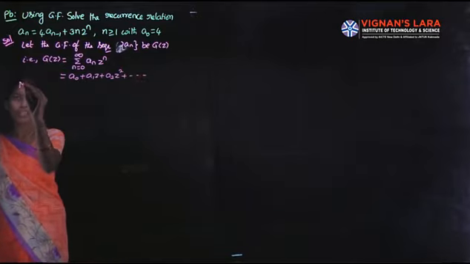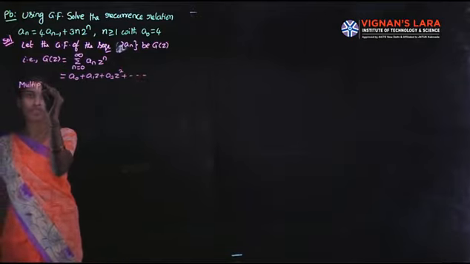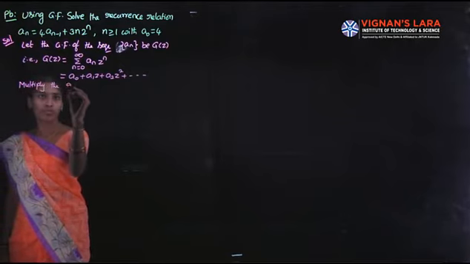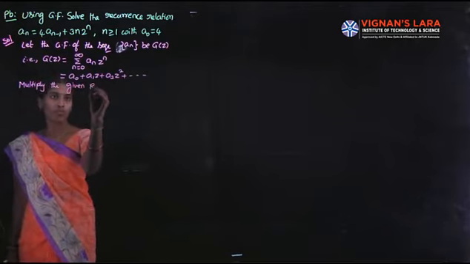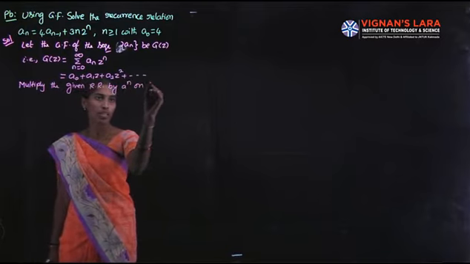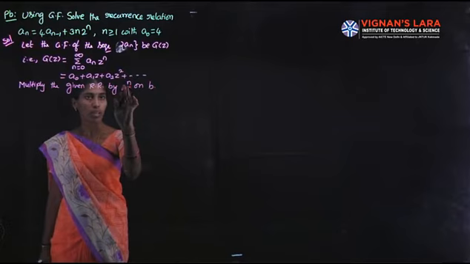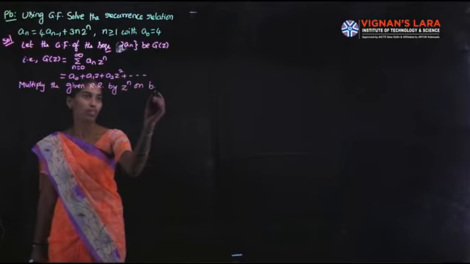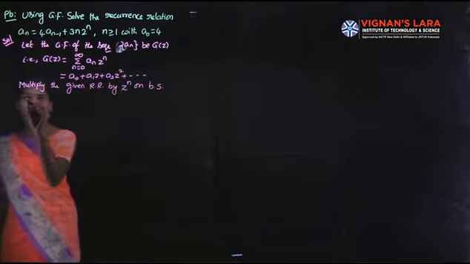Now multiply the given recurrence relation by z^n on both sides.